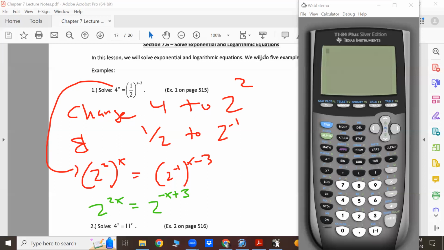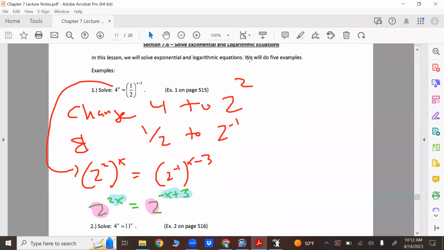Now, Haley, here's the reason why. I'm going to color code this so that everyone can see. You just equate them to each other. If these are the same, then clearly these must be the same. If the bases are the same on each side of an equation, then the exponents must also be the same. So I can conclude that 2x must equal negative x plus 3.